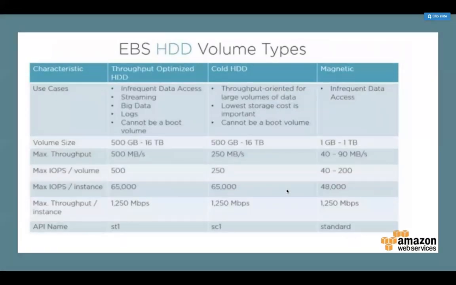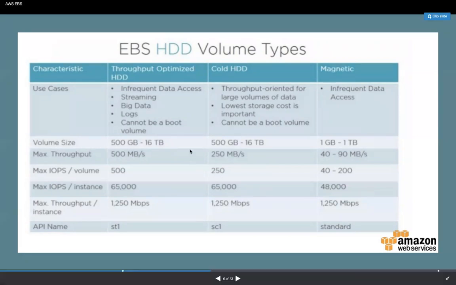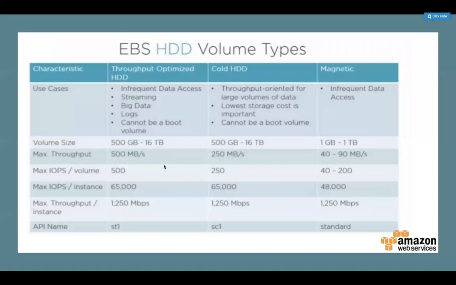And then we have one more volume type, that is hard disk drive, in which we have the throughput optimized and the cold HDD, and the last one is magnetic, which is the traditional way. It is basically used for infrequent data access. And throughput optimized is used for huge data, big data, and for logs, whereas the cold HDD is cheap in cost.